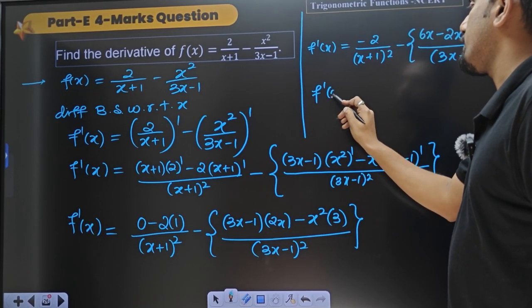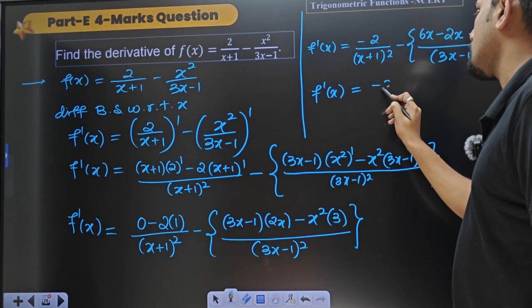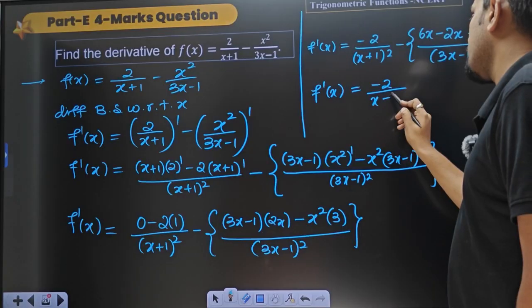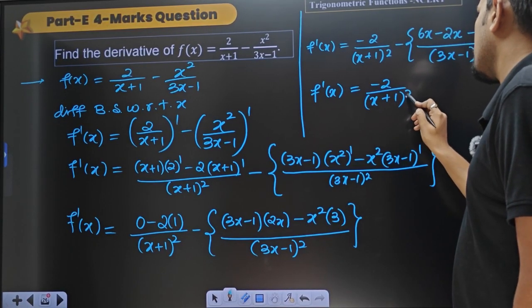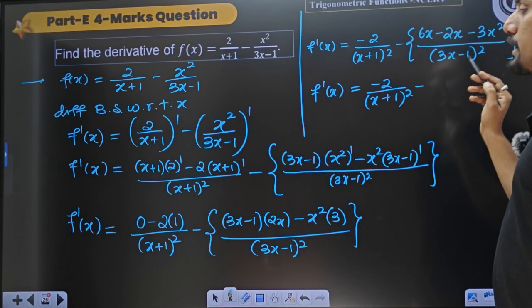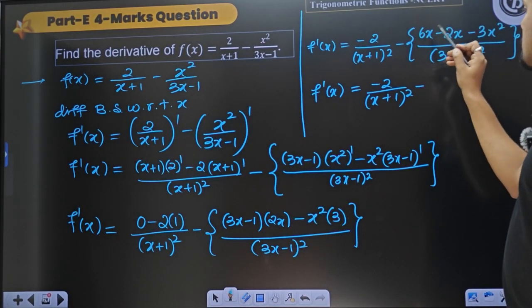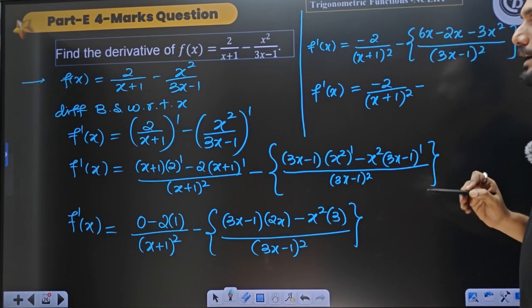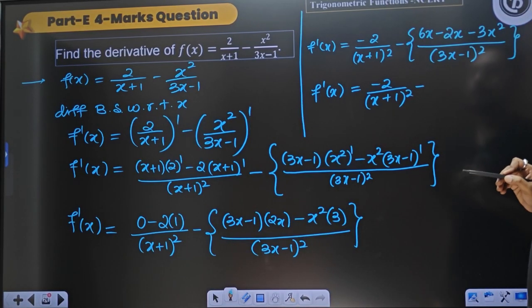Again we will simplify. F dash of x is equals to minus 2 divided by x plus 1 whole square minus 6x minus 2x becomes 4x, 4x minus 3x square.